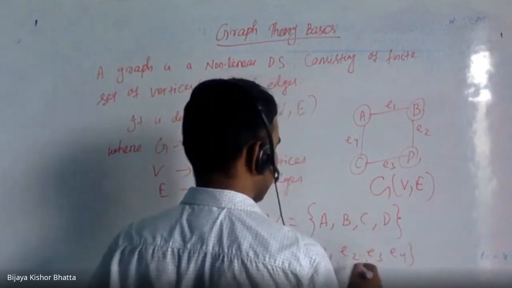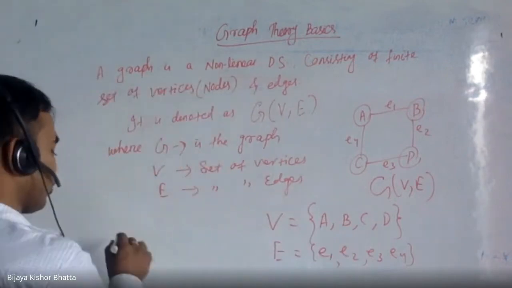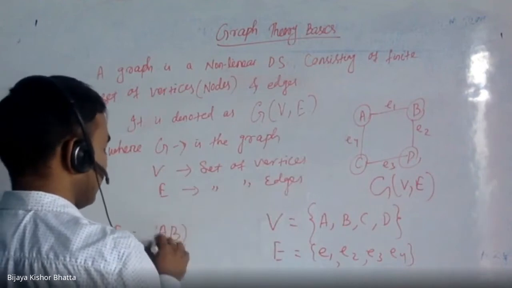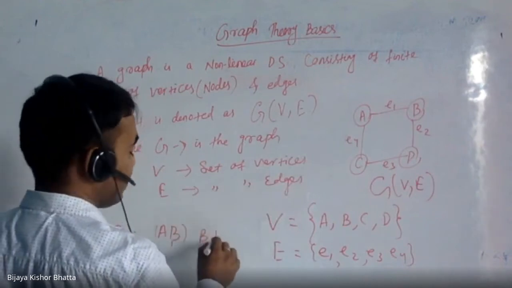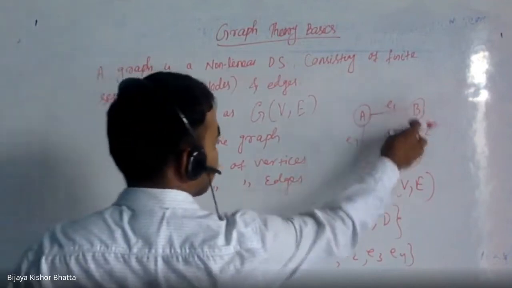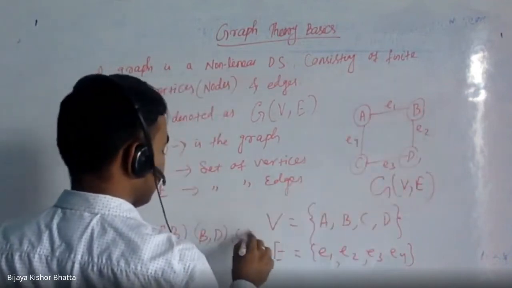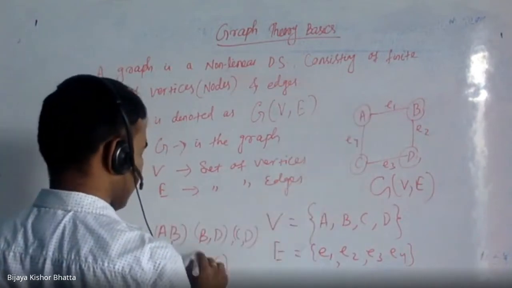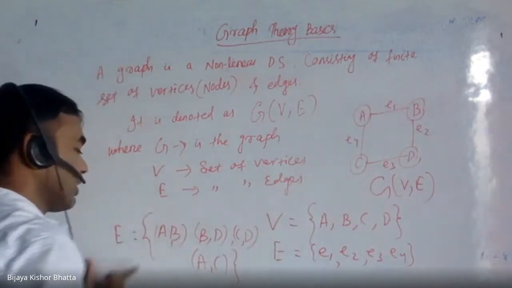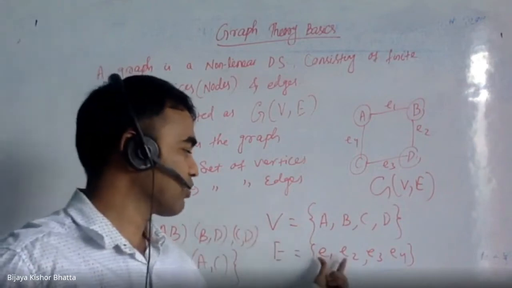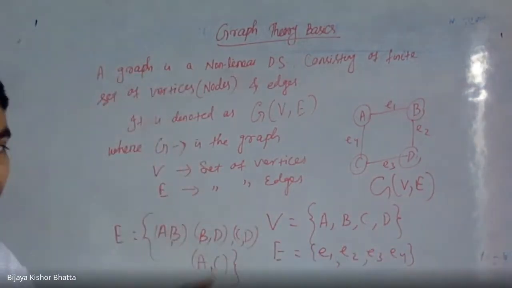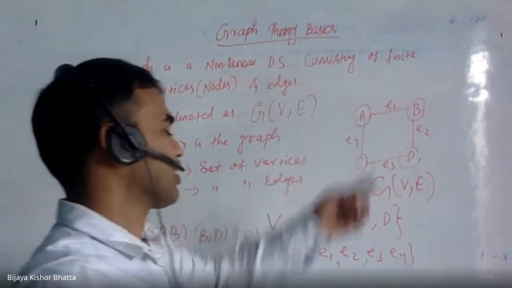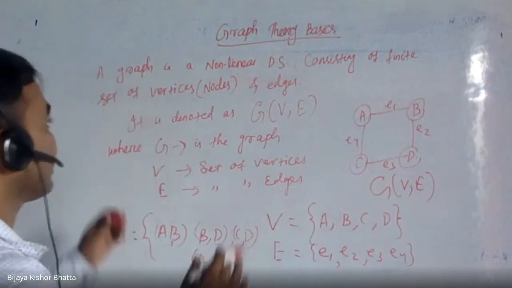So this is the edge set. Sometimes people also write E equal to, if nothing is given, AB, and then BD, there is a connection, CD, and so on. We can also write like this. They are the same. Sometimes it is written like this, or sometimes like this. That completely depends on what is given. So this is the definition of the graph.